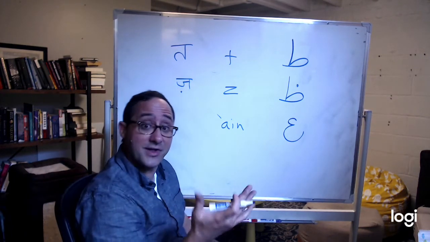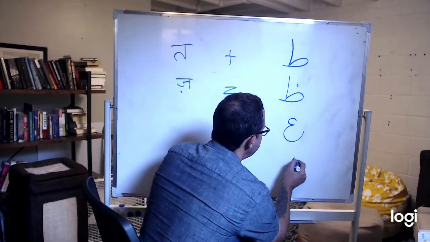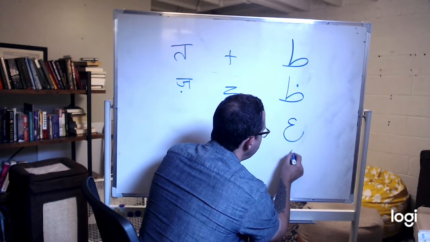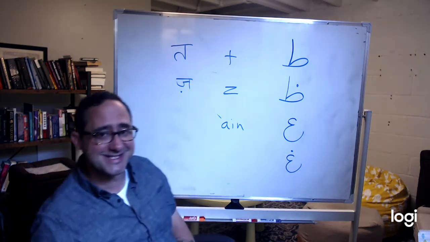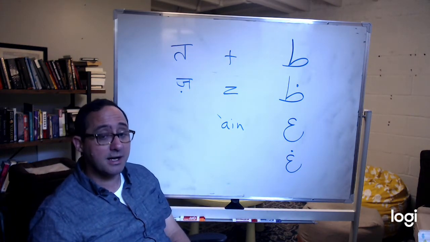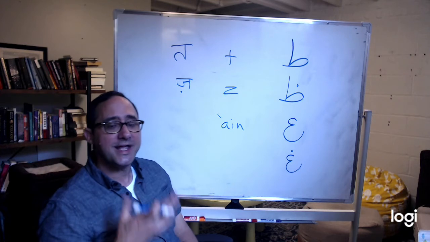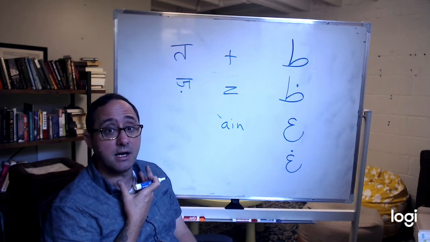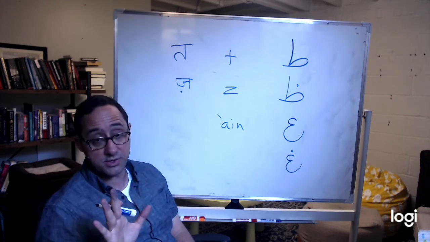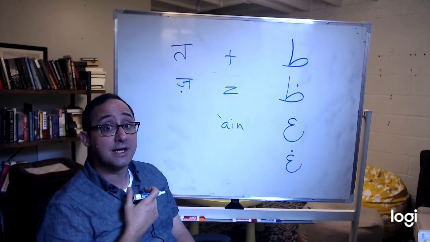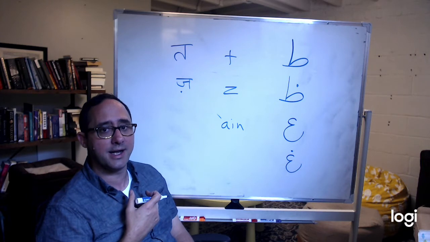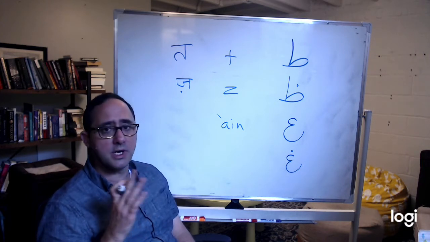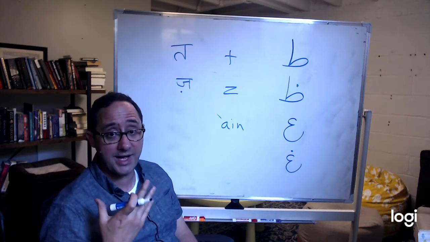Now there's another one that looks just like it, but it has the dot above. It's doing the same thing as the ein, which we don't do in Urdu, but it is a ga, ghain. Let me give you an example of how this works.